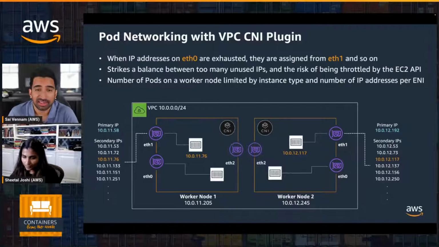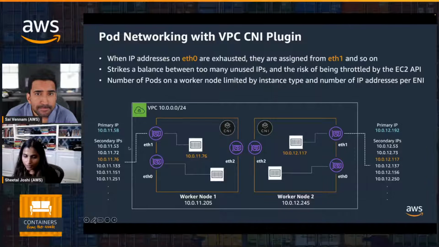Yeah, that makes sense. And as and when the IP addresses on eth0 are exhausted, they're assigned from eth1 and so on. Also, what a CNI does here is assign the IPs to the pods and also assign those IPs back onto the node as secondary IPs.